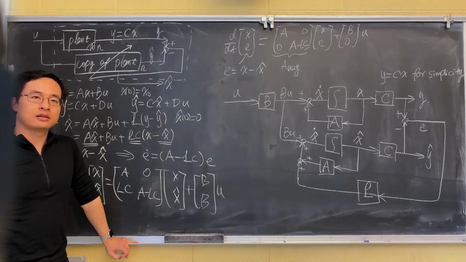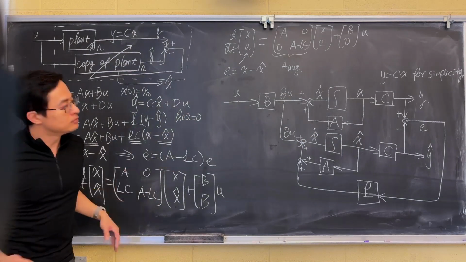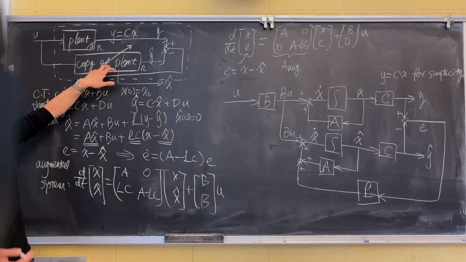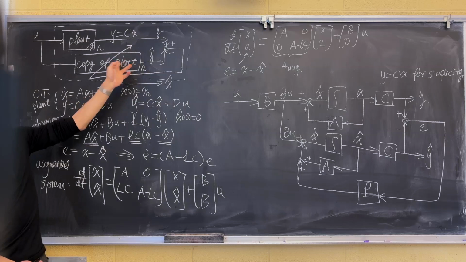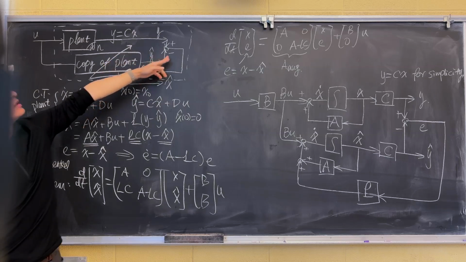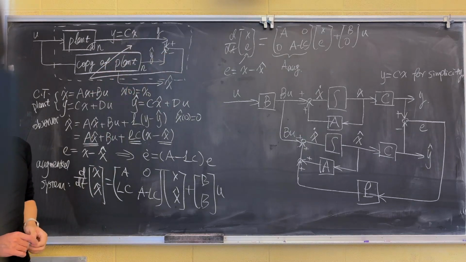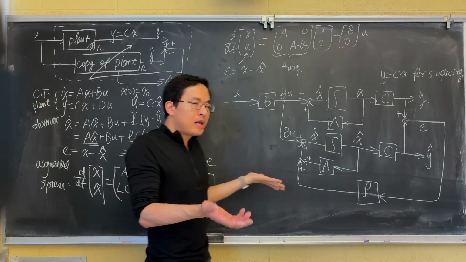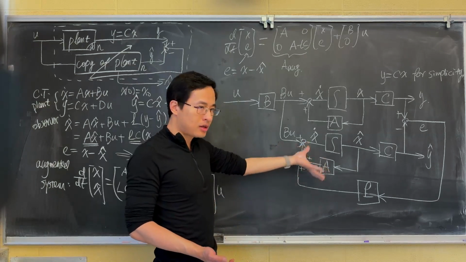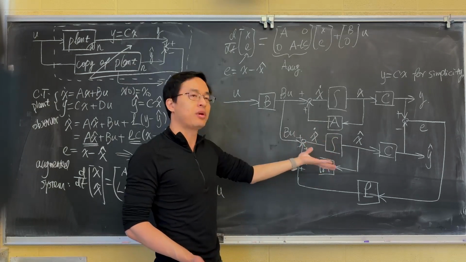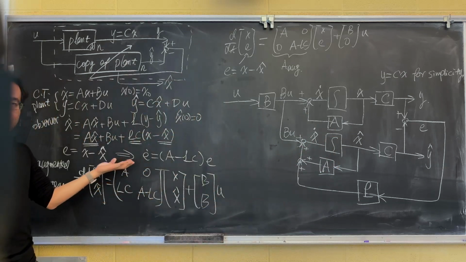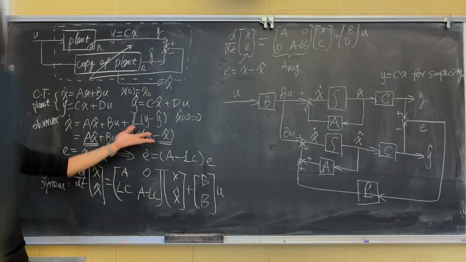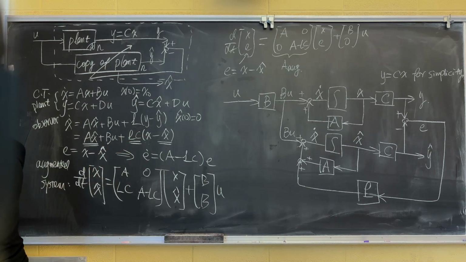So that is more precisely what we mean by having a copy of the plant and then updating this plant copy with the error between y and y hat. In MATLAB Simulink, for example, you can construct the entire observer using all these blocks over here. Or you can construct it using M script, or in Python using this set of equations.